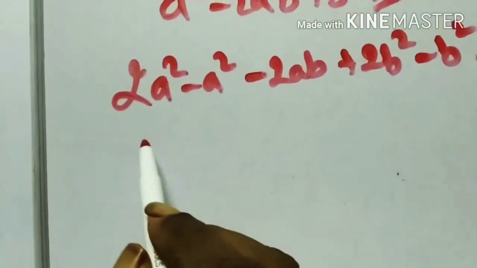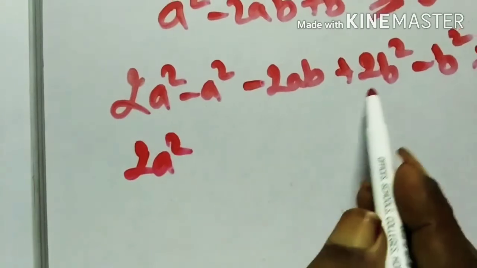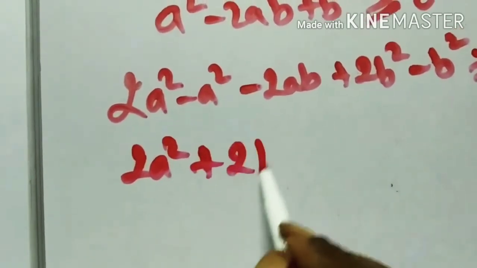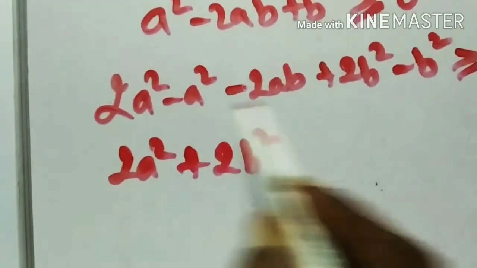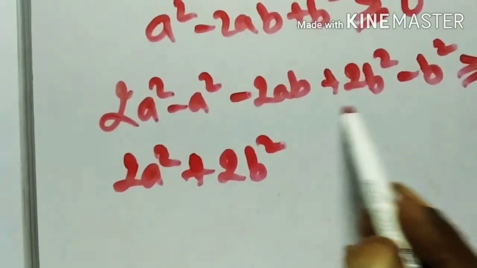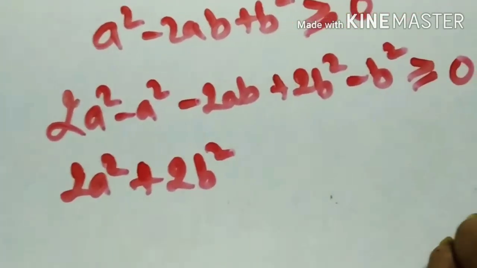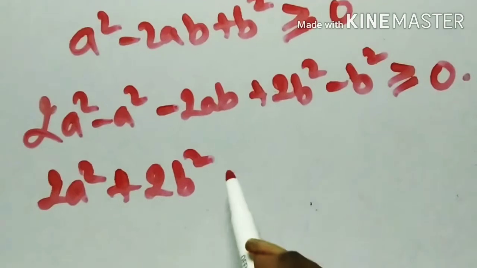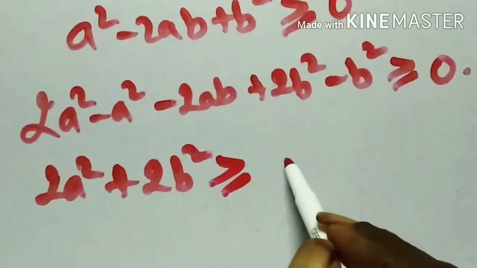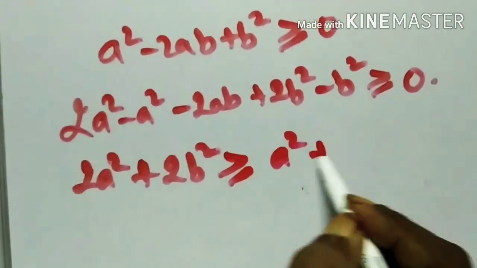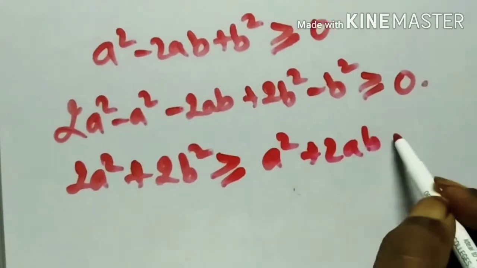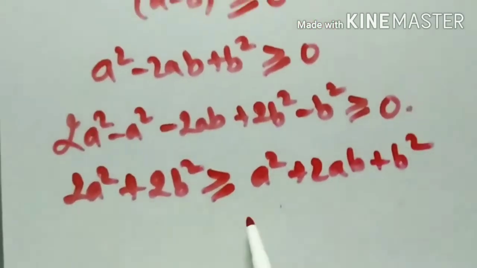Now you see, 2a square plus 2b square, and the remaining terms I send to the right side, that is greater than or equal to a square plus 2ab plus b square.